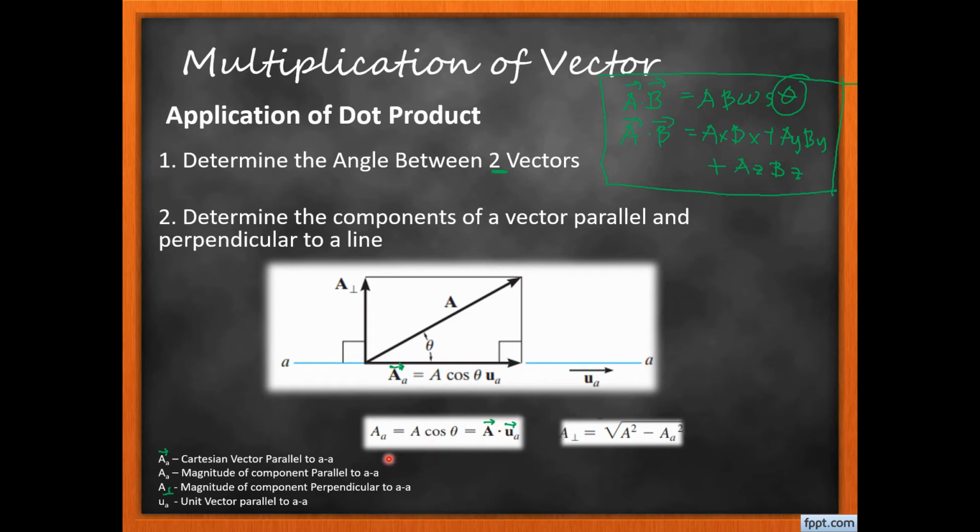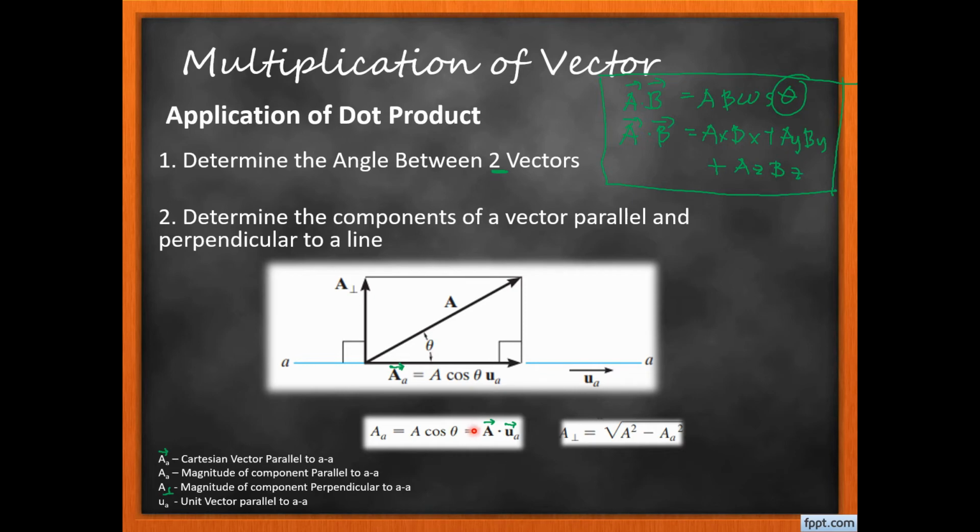And sabi dyan sa isang theorem, sabi dyan na yung ating scalar magnitude ng ating component parallel dun sa line A is equals to the magnitude of vector A multiplied by the cosine theta. Ito yun, yung theta natin.